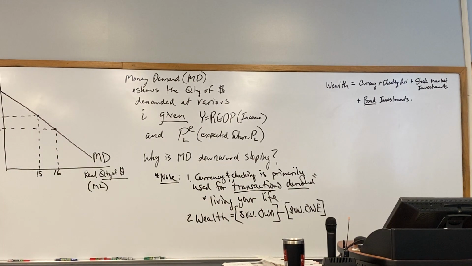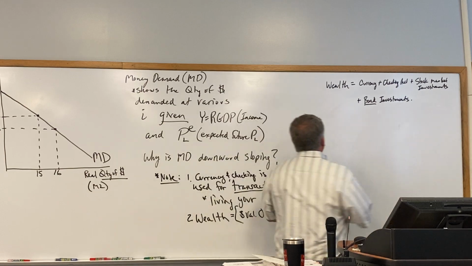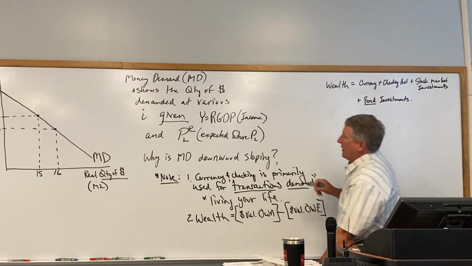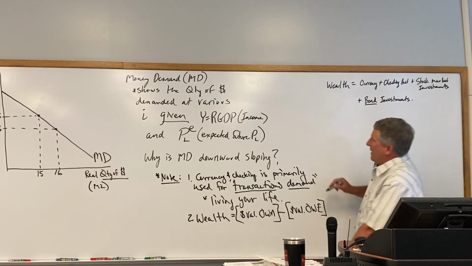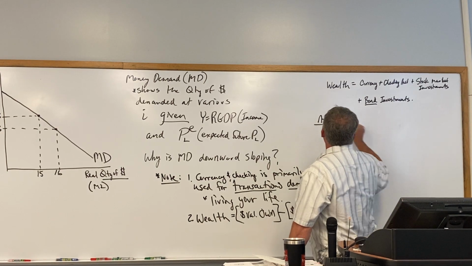All right, so that's the idea with our transactions demand being dependent, at least in part, on the interest rates. So the key point here: why is the money demand curve downward sloping? Now we'll get to our answer, since we had so much in between.